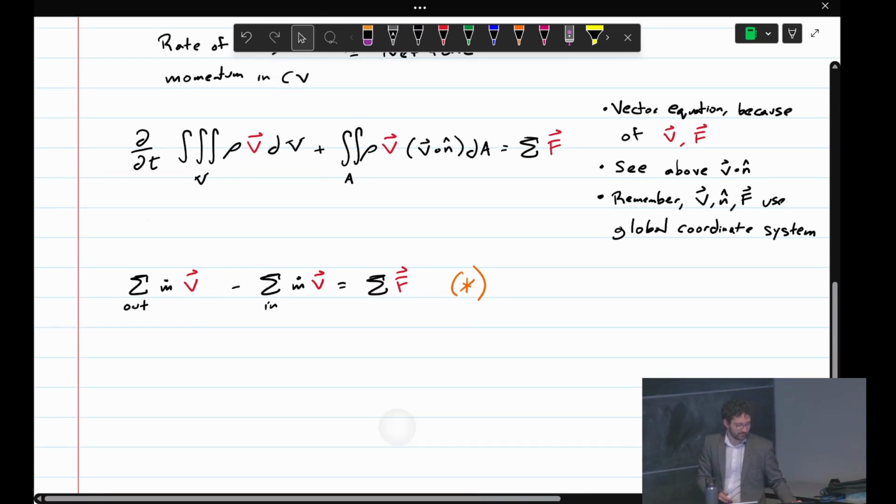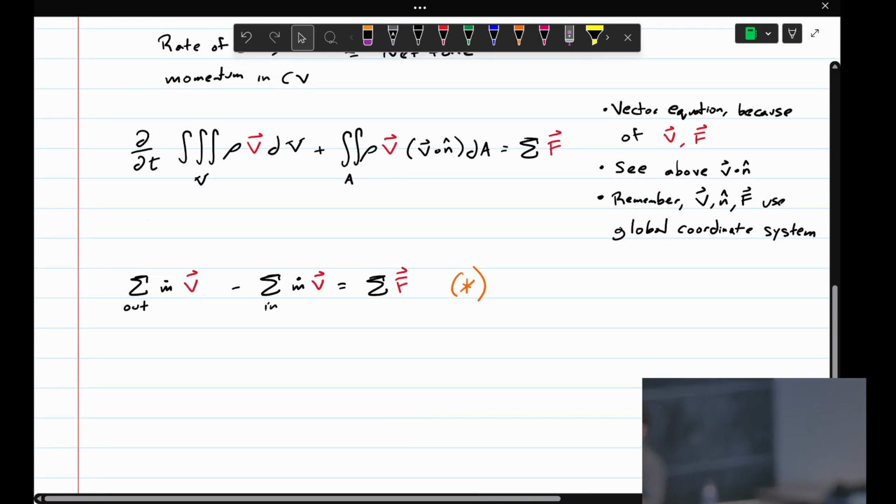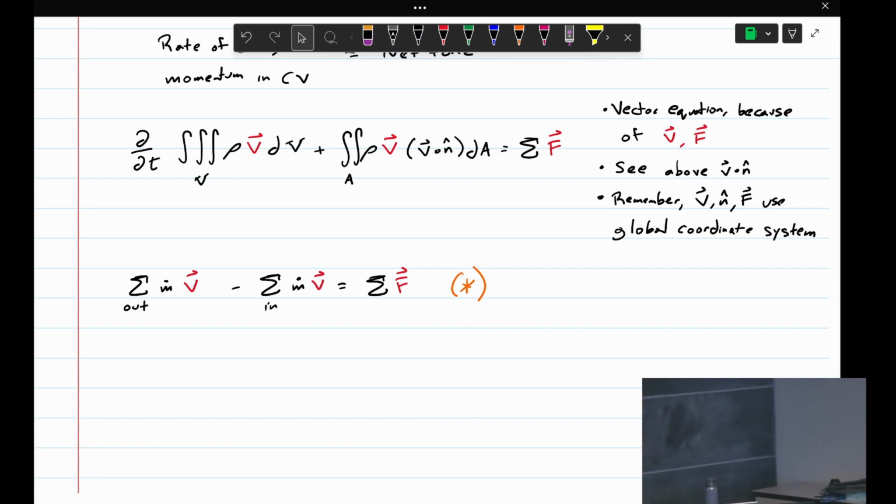So where this equation comes from is, the red terms in the second equation are the same red terms from the above equation. When you do that volume integral of rho v dV, sorry, that first term is 0 in the second equation because of the steady state assumption.